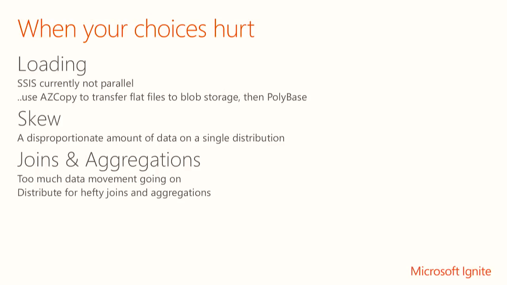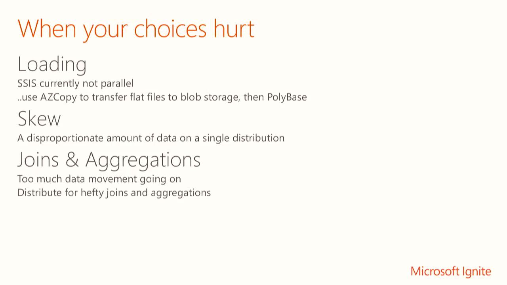It's really nice to be able to say, okay, we've got a whole bunch of compute nodes, maybe only one, but potentially 60. Let's get each of them to get part of the data. And it works really, really well. And you will notice a massive difference if you just take the time to load your data into big data stores, such as blob storage, but even Data Lake now, and then Polybase it in. You'll thank me later for that one.